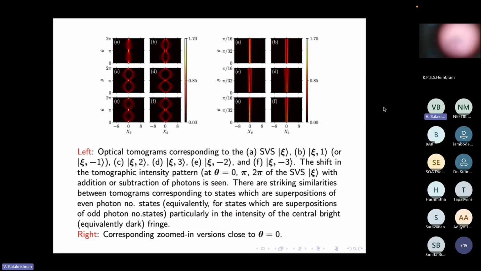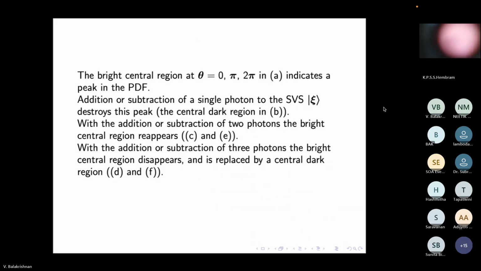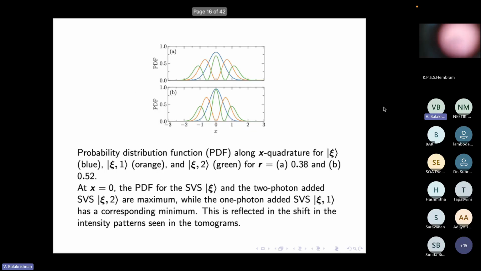If you add or subtract an odd number of photons, you get a central dark fringe. The zoomed in versions close to theta equal to 0, which is where this happens, are shown in the right side. But I have already explained the legend to you. So this is what I explained.